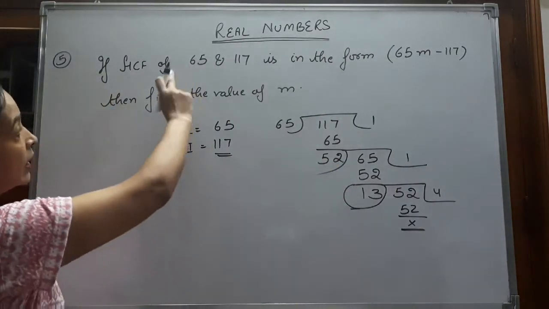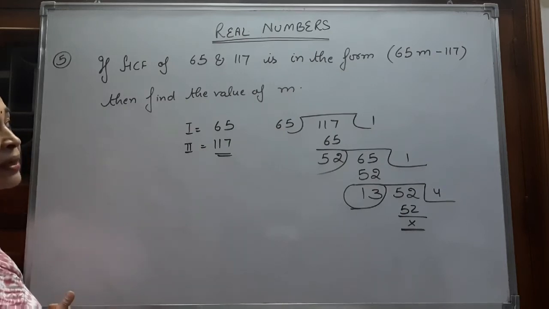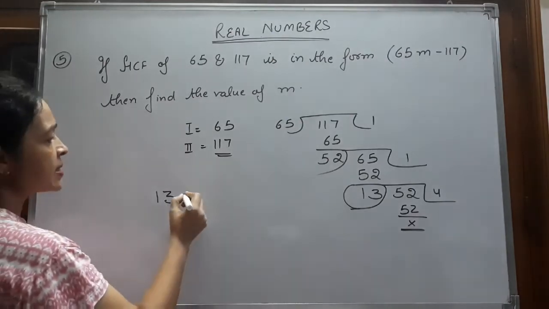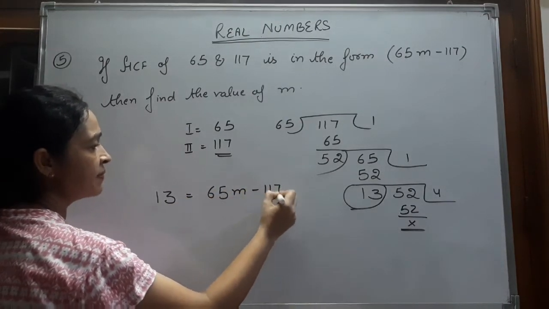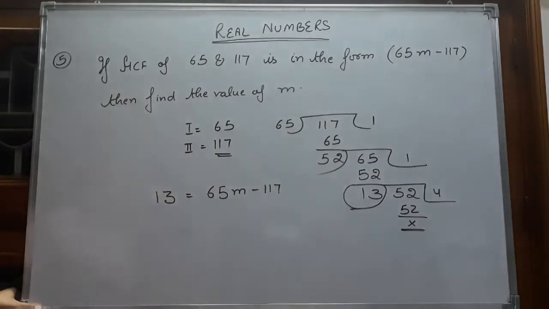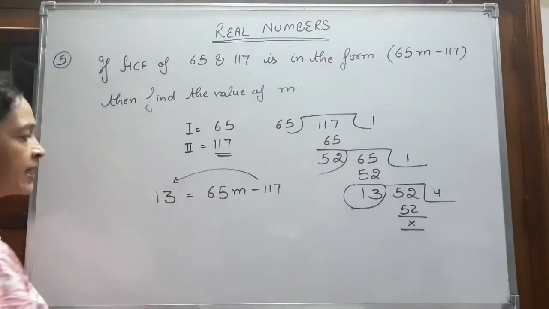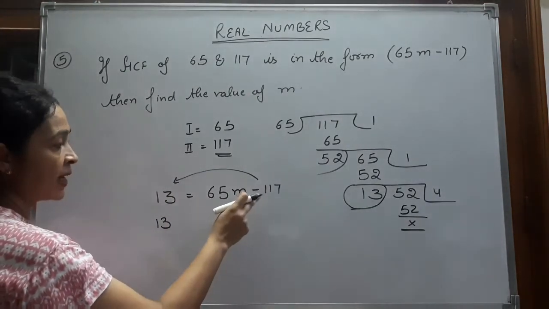Now, the HCF of these two numbers is in the form of 65m minus 117. So 13 is the HCF. This is in the form of 65m minus 117. We have to find the value of m. Take this 117 to the left hand side. Here it is with a minus sign.